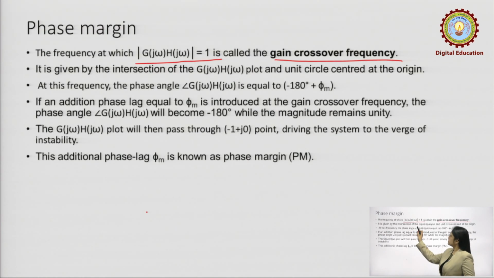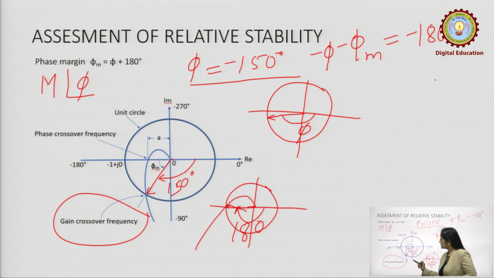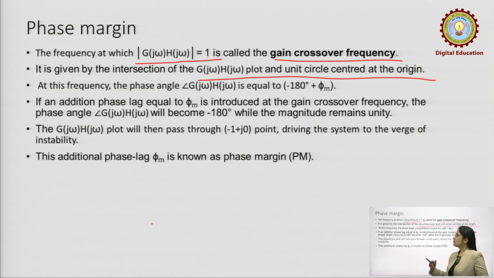It is given by the intersection of the G(j omega) plot and the unit radius circle centered at origin. So, at this frequency the phase angle is equal to minus 180 degrees plus phi m.